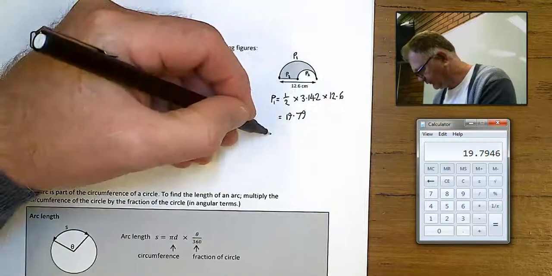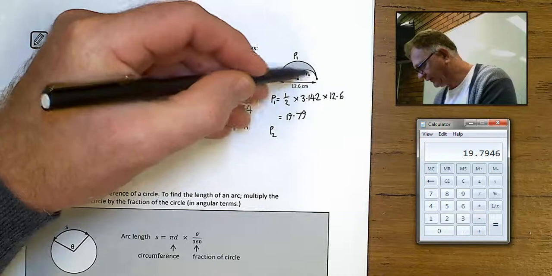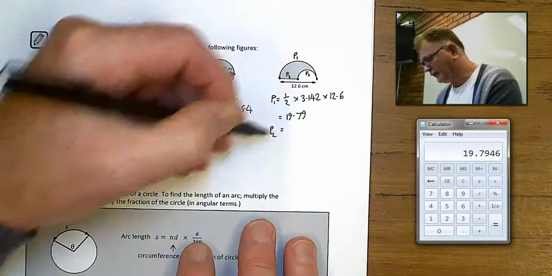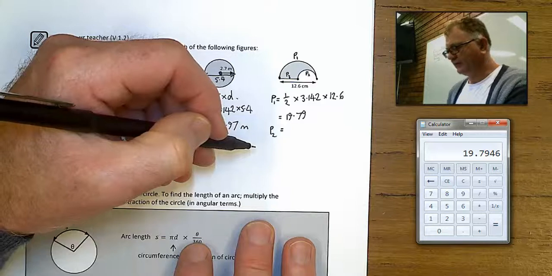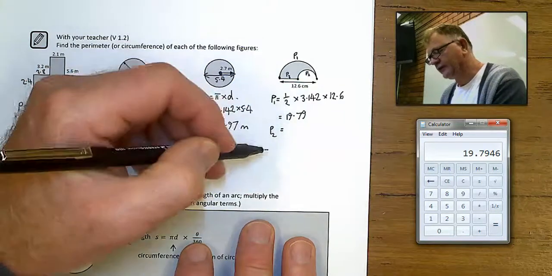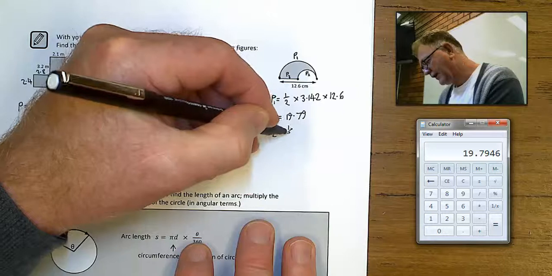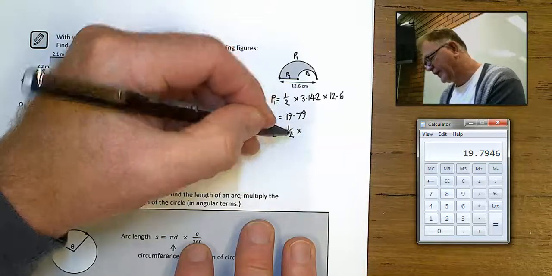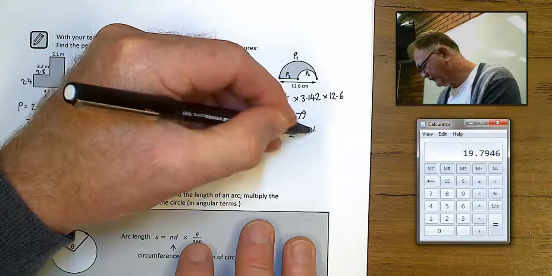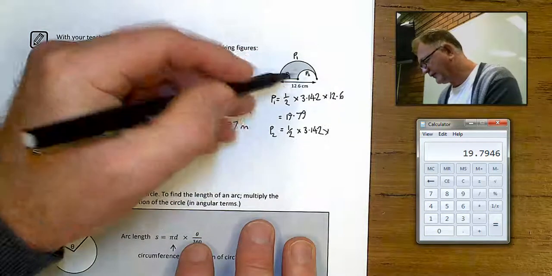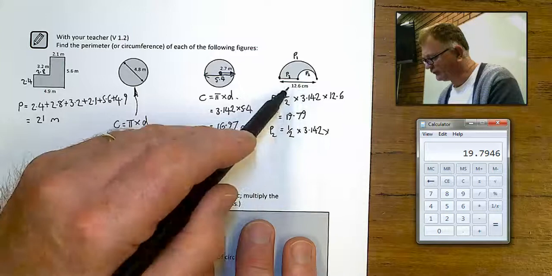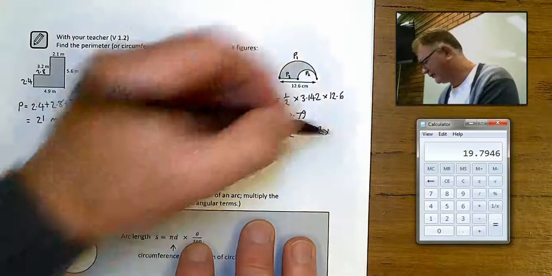Now P2 is the distance from here to here, and once again it's half a circle, so a whole circle would be 3.142 times its diameter, and then I've got to times it by 1/2, so I'll have 1/2 to get the distance half the way around a circle. Half times 3.142 times the diameter from here to here. Well, it's not marked in, but I guess it's going to be half of 12.6, which is 6.3.